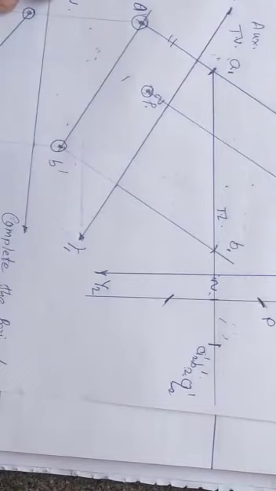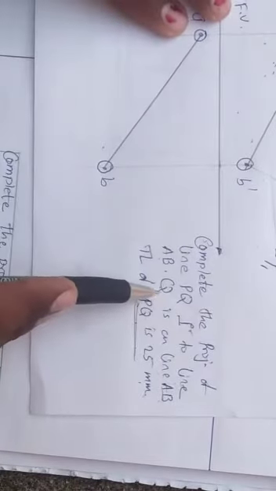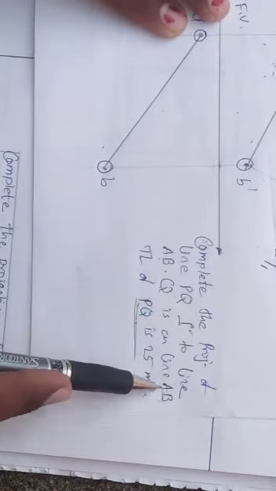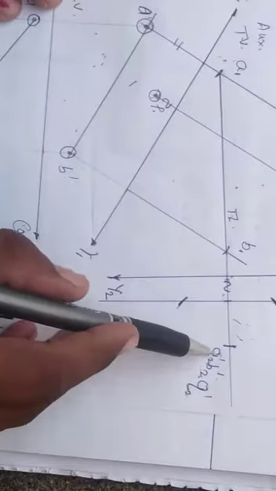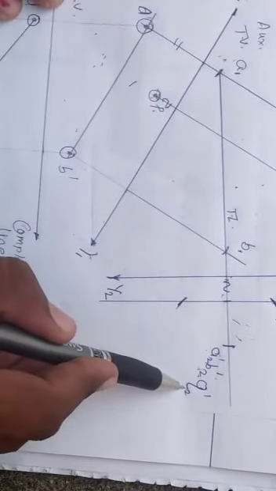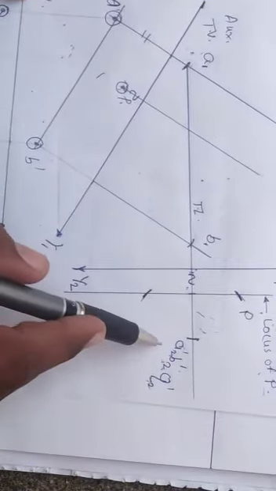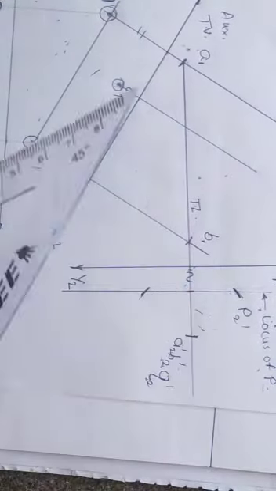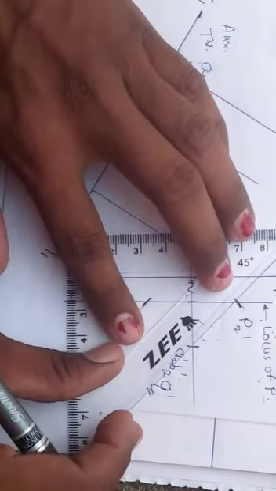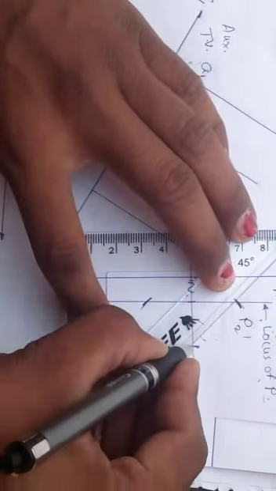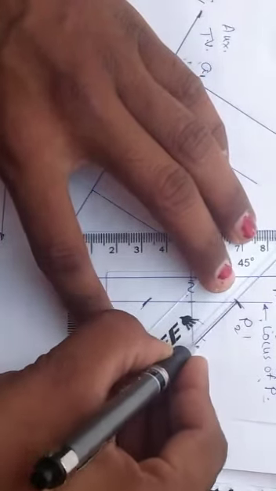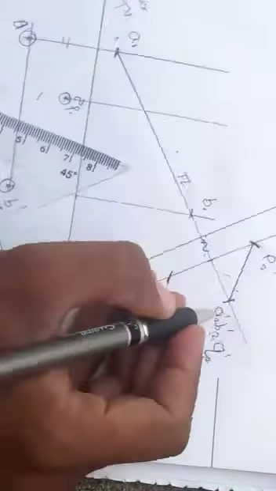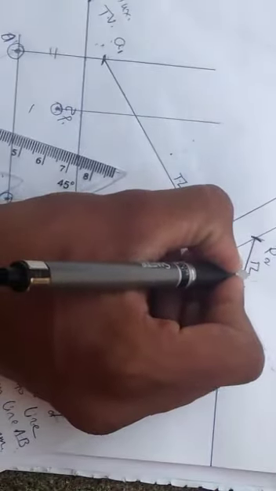Because in the problem it is given that point Q is on line AB. In the auxiliary view of AB, hence Q is on AB. So we are getting ABQ here, and this is point P2 dash. So join. This is line PQ having true length 25 mm.